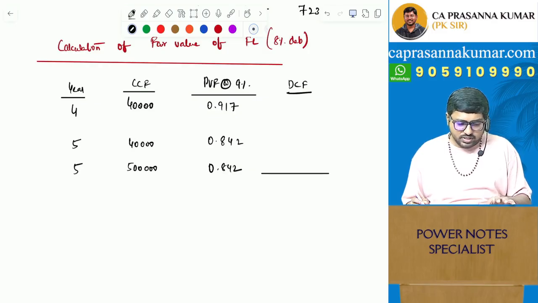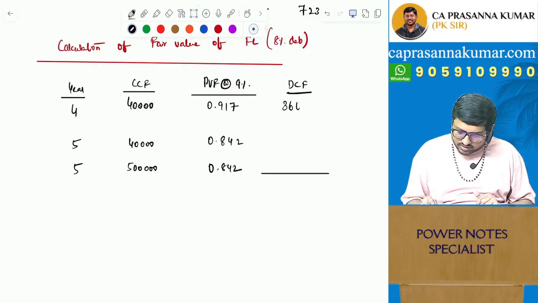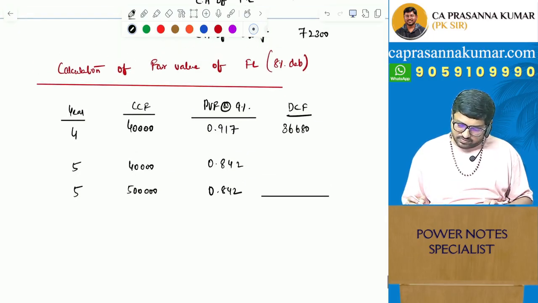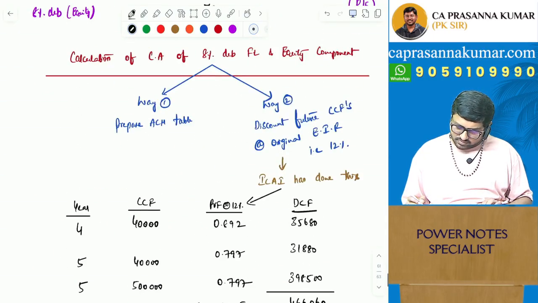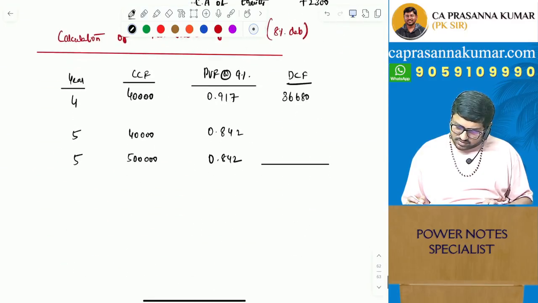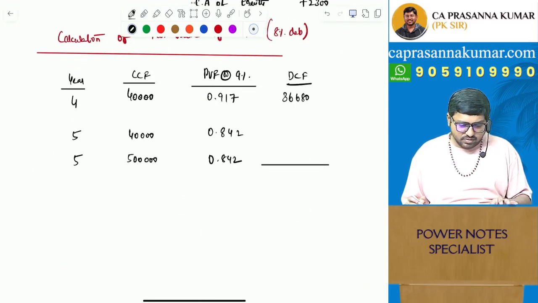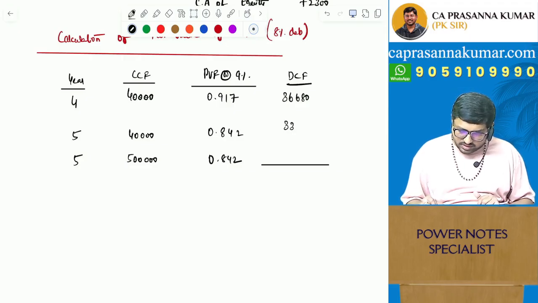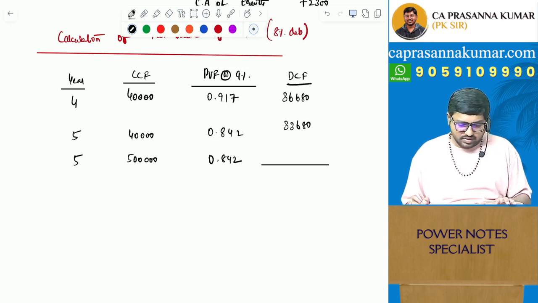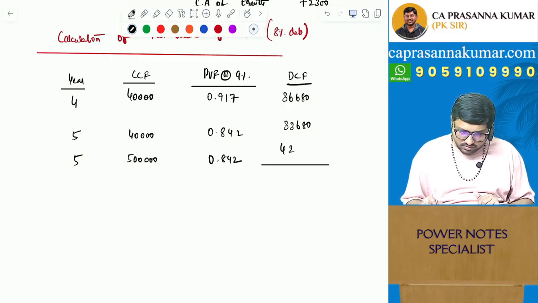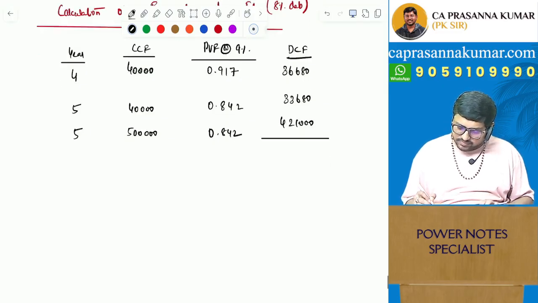So 40,000 into 0.917, 36,680. 40,000 into 0.842, 33,680. 5 lakh into 0.842, 4,21,000.